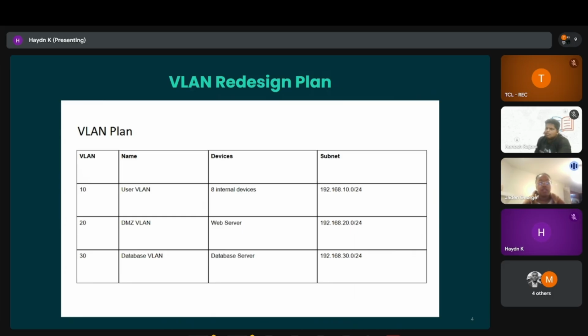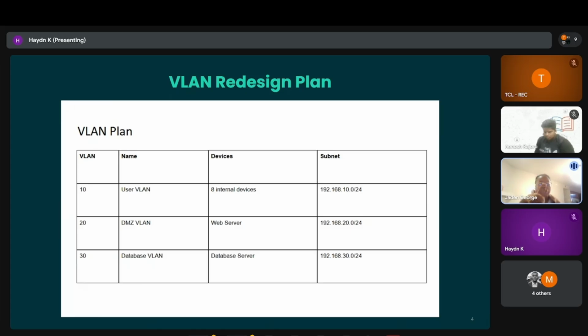First, we have the VLAN plan. This is assuming that a DMZ server is now set up. So we have the user VLAN at VLAN 10, and that includes the 8 internal devices that are required, so the 8 PCs. And then the subnet for that would be 192.168.10.0/24.